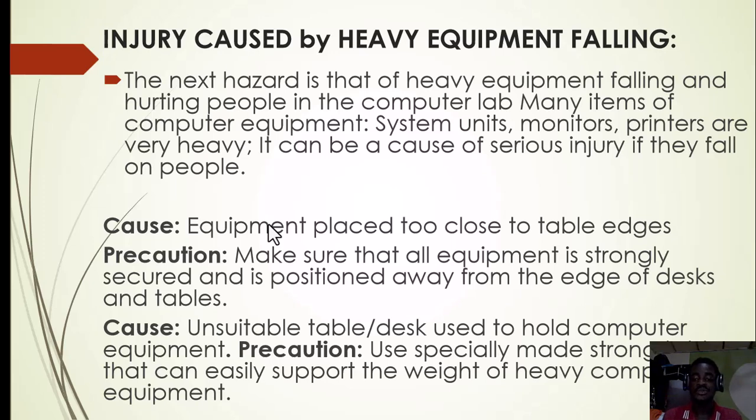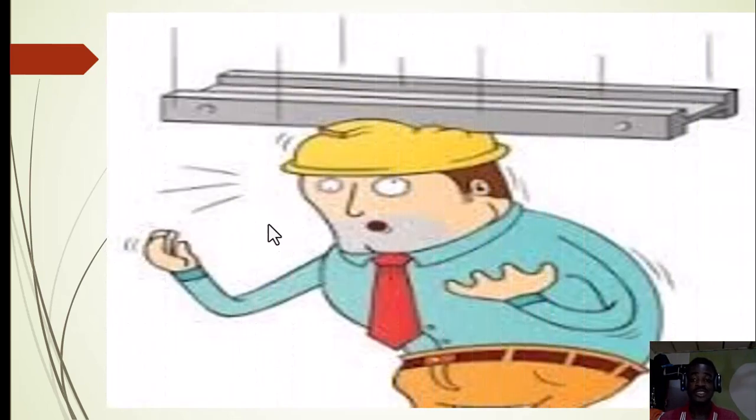Use specially made strong tables that can easily support the weight of heavy computer equipment, and it will help you prevent injury caused by heavy equipment falling. As you can see, this fell on my brother's head, causing a very great injury to his head.